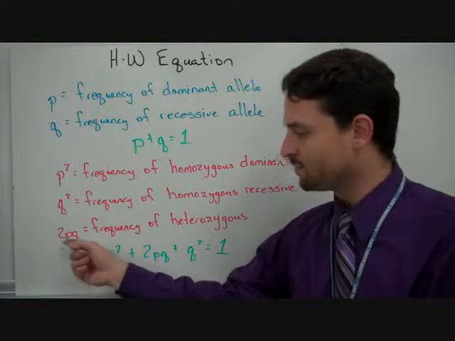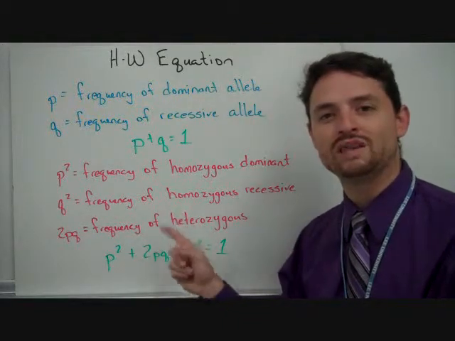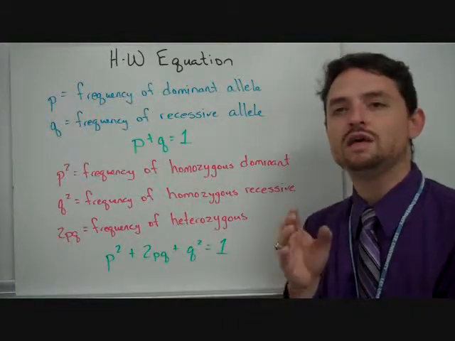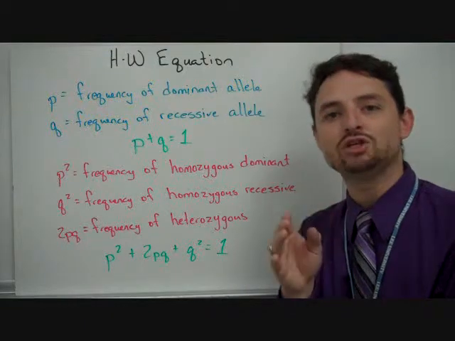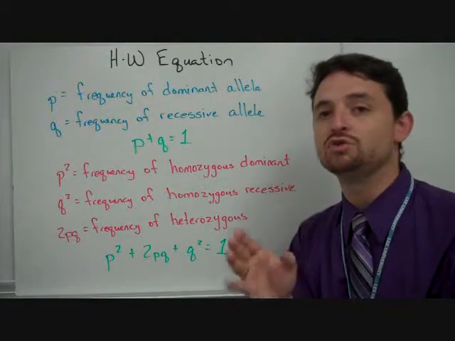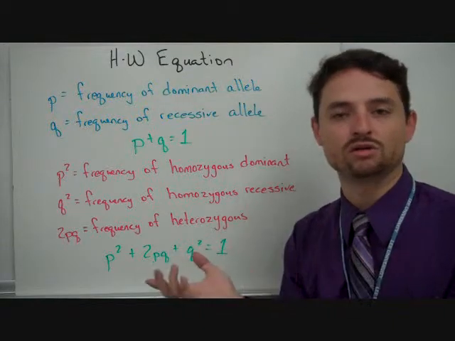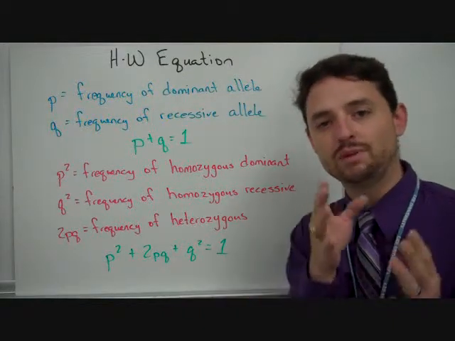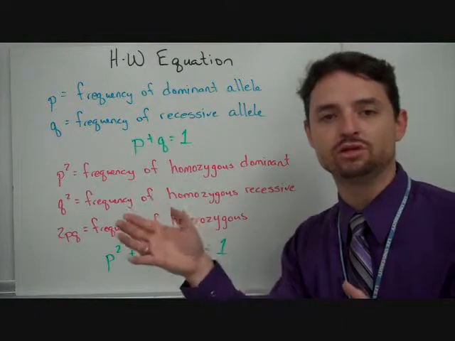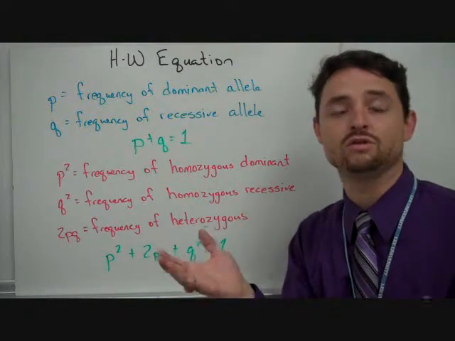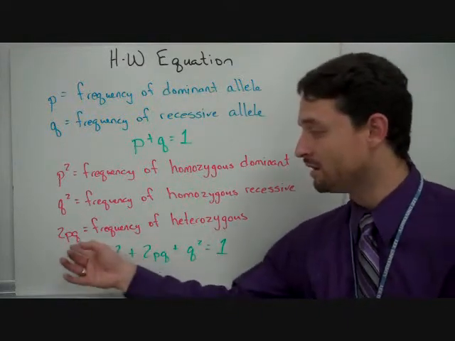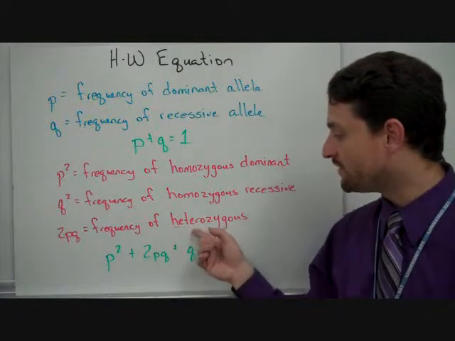And we would be left with 2PQ. The reason why that's 2PQ is because if you've got P times Q plus Q times P, and we know from algebra that it doesn't matter which one you multiply first, that's really P times Q plus P times Q. Well, PQ plus PQ is 2PQ. So that's where that comes from, the frequency of heterozygotes.